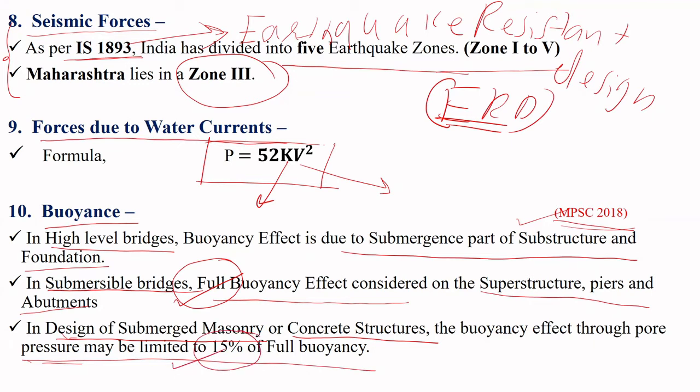When we design submerged masonry or concrete structures, the buoyancy effect due to pore water pressure is limited to a maximum of 15% of the full buoyancy. That value is very important. These three parameters we need to understand in buoyancy.